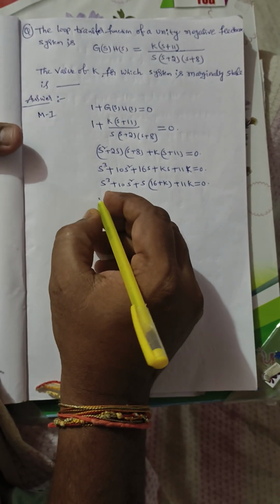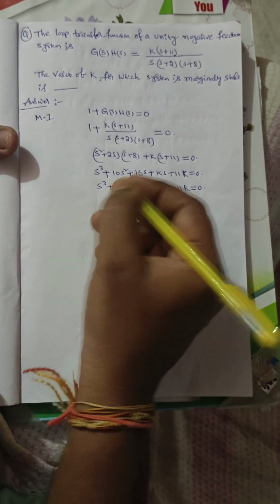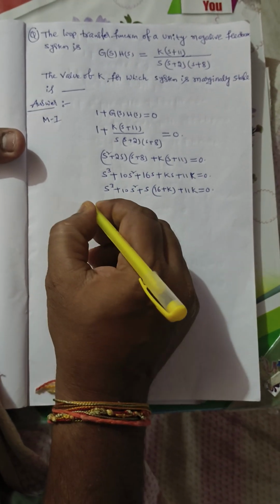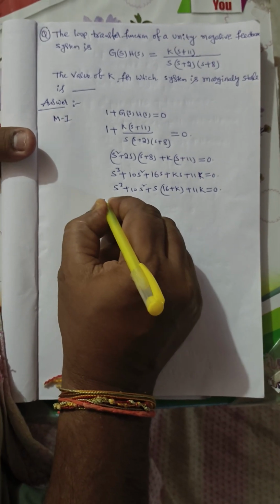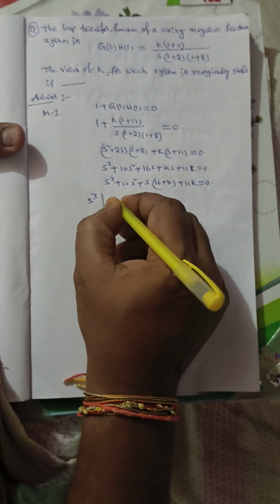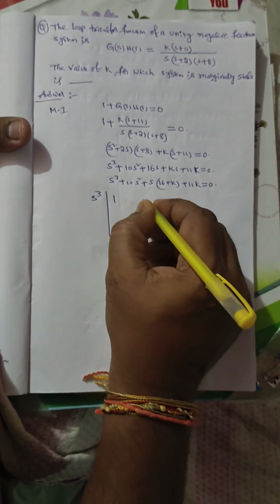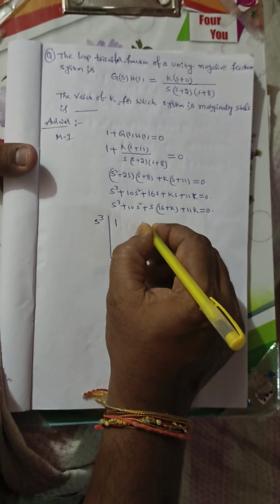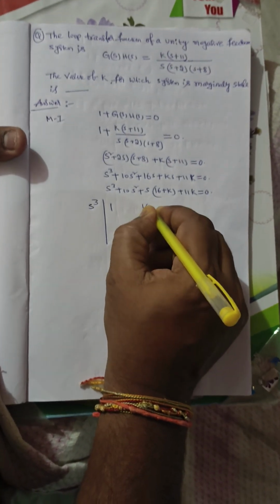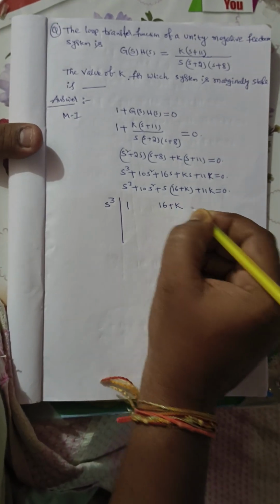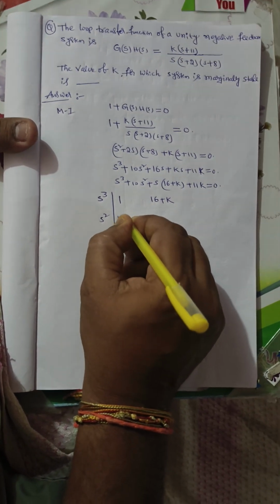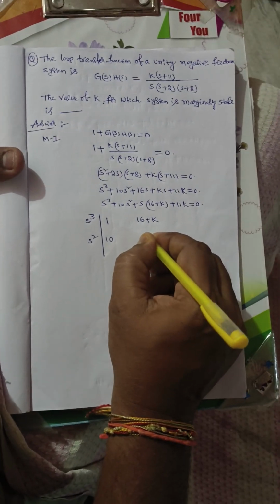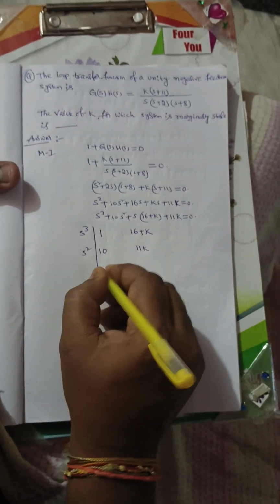Now to find whether the system is marginally stable, we should form the RH table. First write down the s cube coefficient as 1. After that write the s power 1 coefficient, that is 16 plus k, and the s square coefficient 10, and then the s power 0 coefficient 11k.